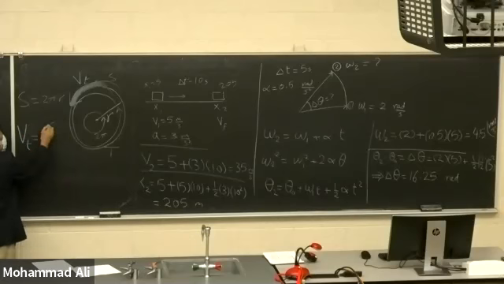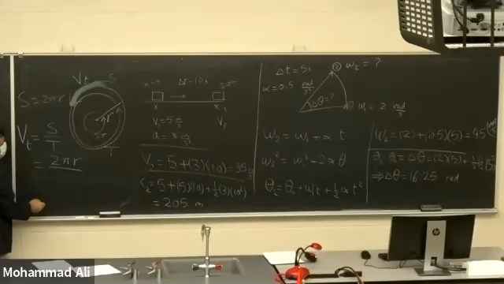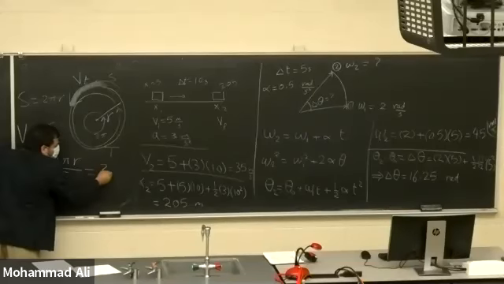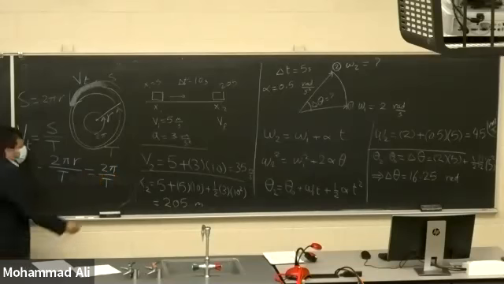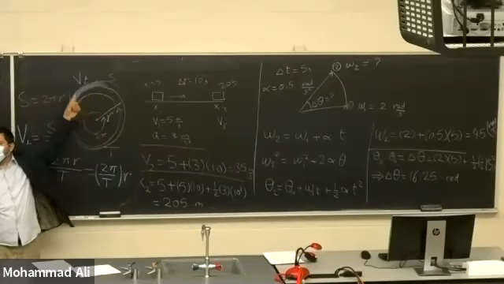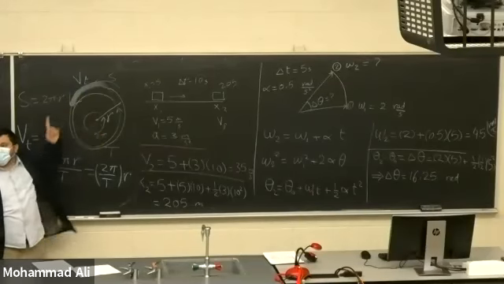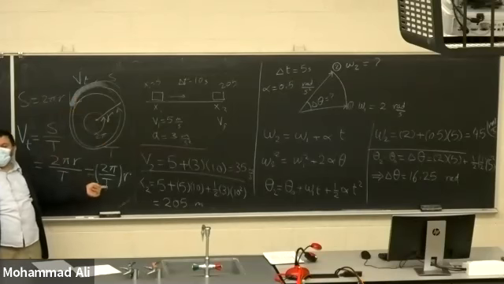The distance is S and the time is the capital T. So the velocity will be equal to 2 pi r over capital T. If we reorder this formula, it will be equal to 2 pi over T multiplied by r. 2 pi is a total angle, or a total rotation, over the time period.